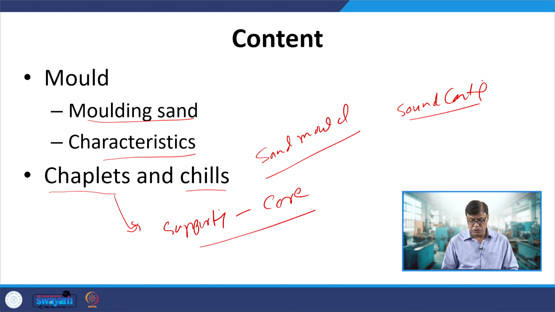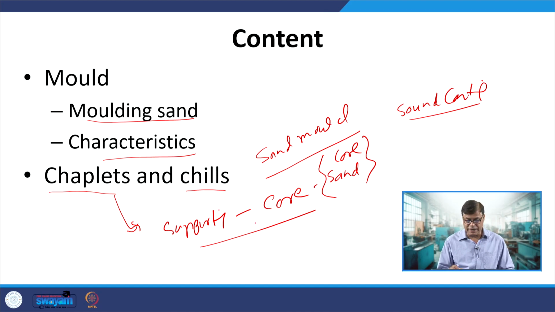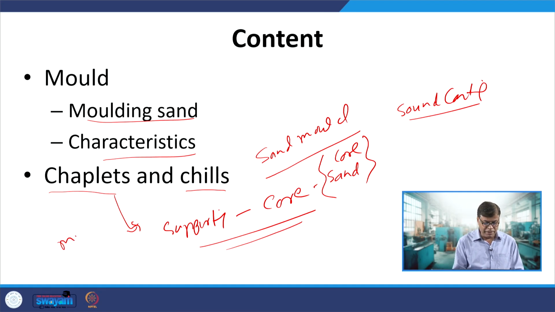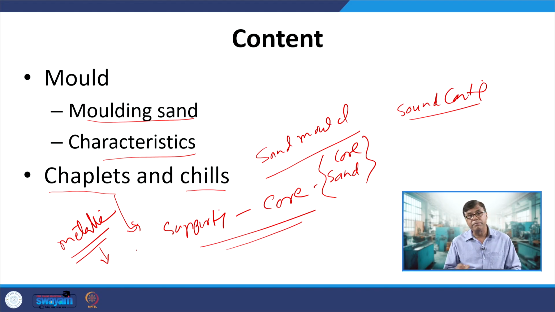Cores help in creating the internal features. These are made using core sand, and they are installed and fitted inside the mold with the help of chaplets to support them. Chaplets are made of metallic pieces, and they also help to some extent in developing a suitable temperature gradient within the mold for developing the sound casting.